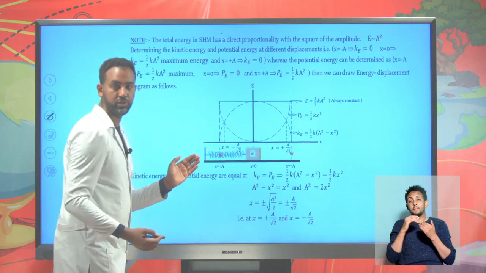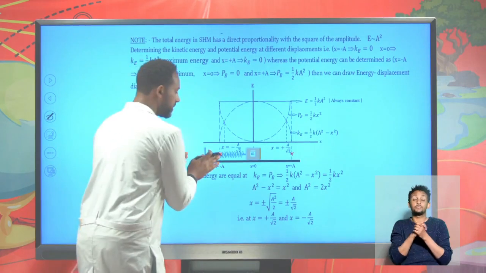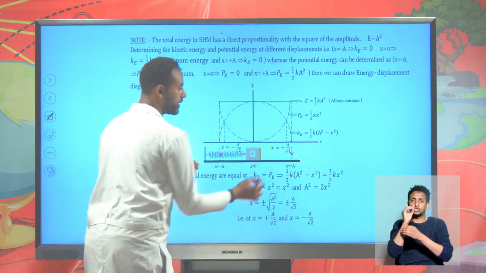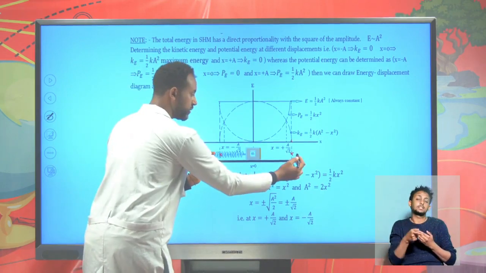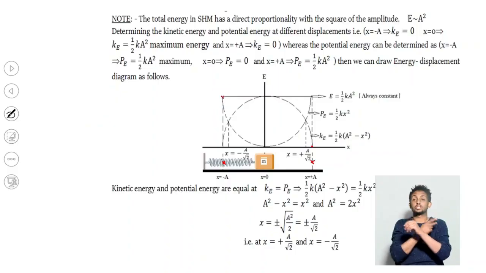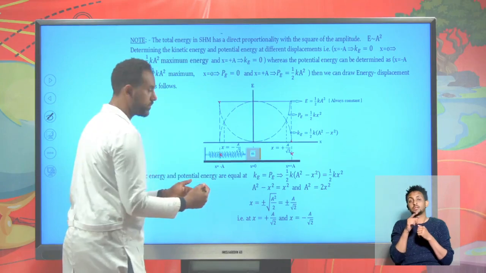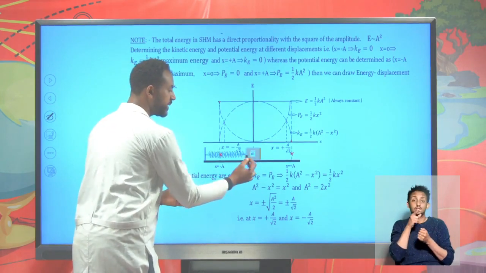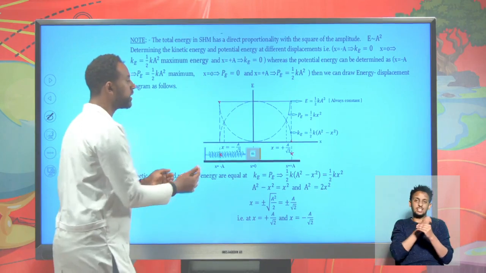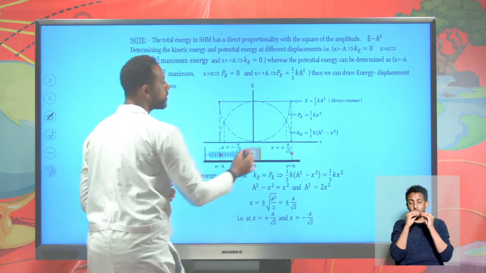Since the velocity is 0, we have 0 kinetic energy at the amplitude, but maximum possible potential energy. Then when we release it, it has its own velocity, so there is kinetic energy, as well as displacement, so there is elastic potential energy. The sum total of these two is always constant.